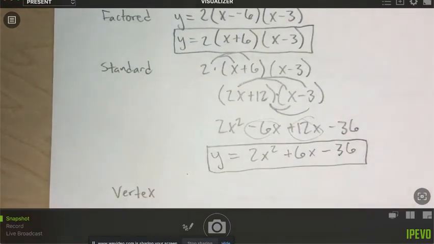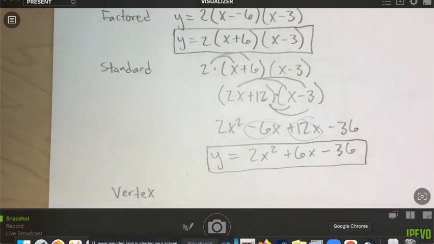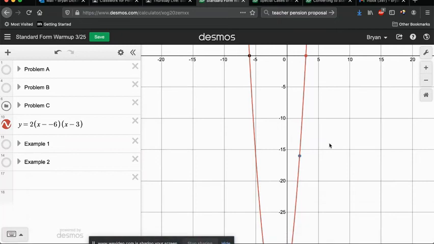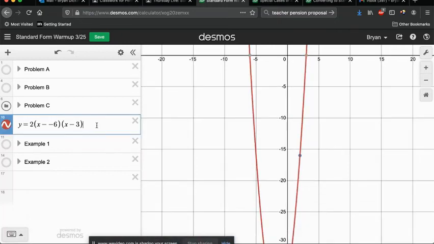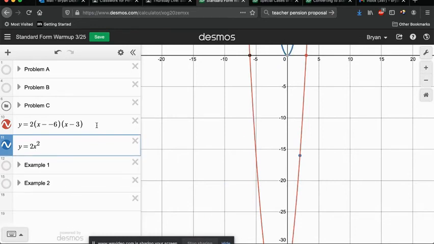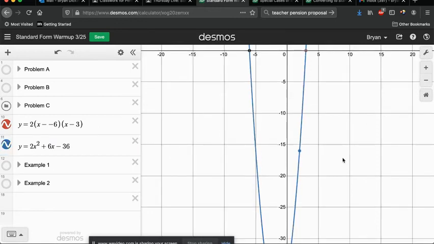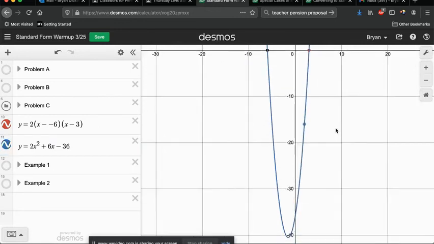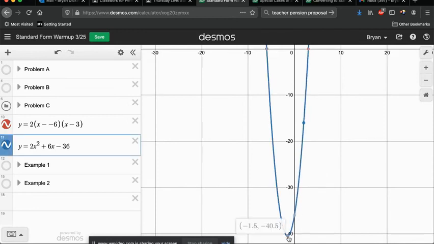And so going back to the graph, notice how when I graphed it, actually, let me prove that standard form works. All right. Once I graphed it, notice how it actually shows me what my vertex is.